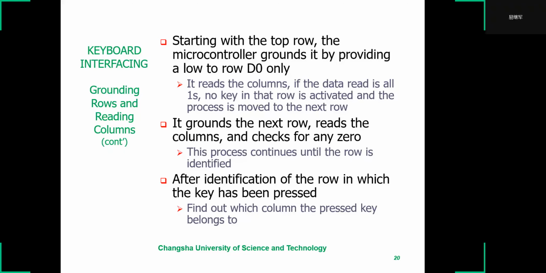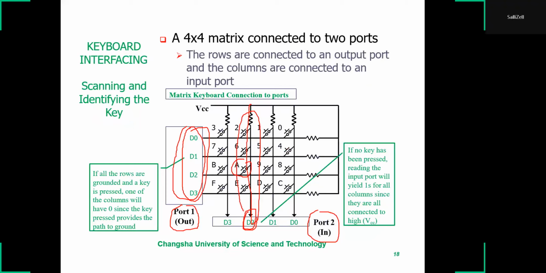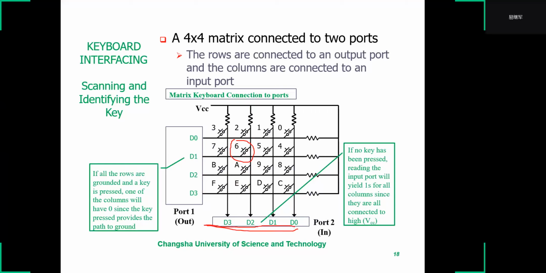Can you go back a little? I have one question. If I press key 6, D2 will become 0, right? Yes. If no key is pressed, D0 to D3 will be 1, because they are connected to VCC.